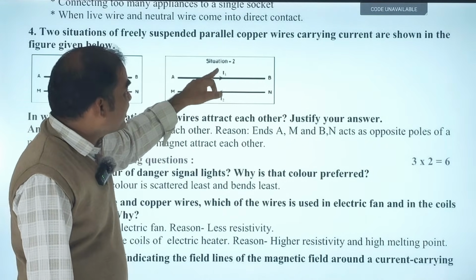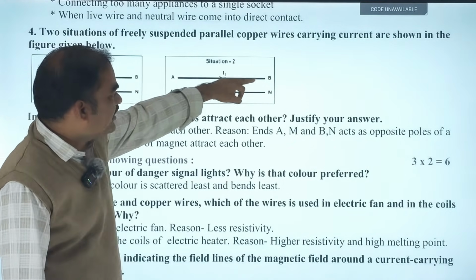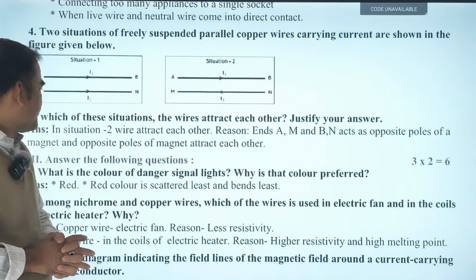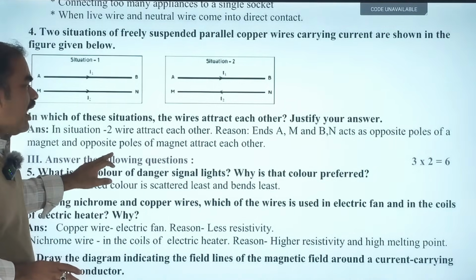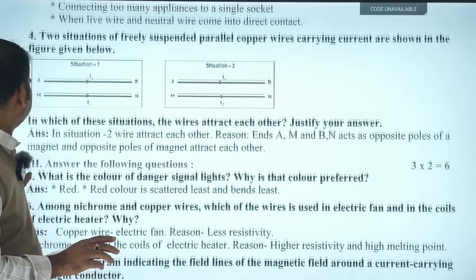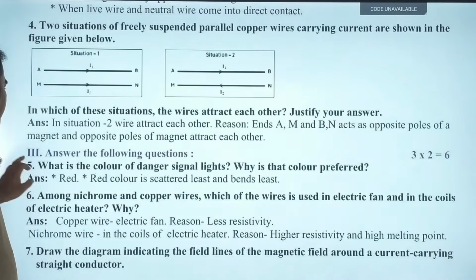When currents are moving in opposite directions, A and M and B and N act as opposite poles. Okay, and opposite poles of magnets will attract each other.